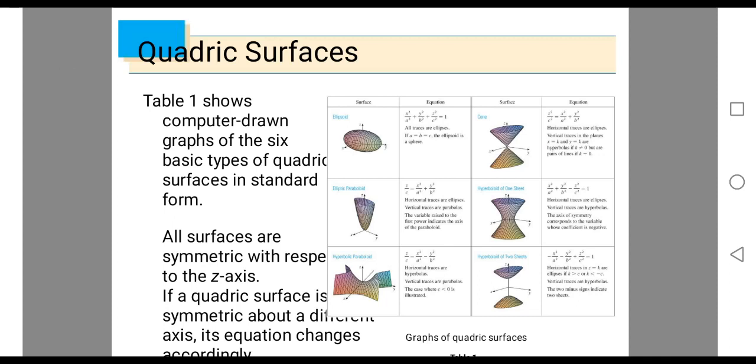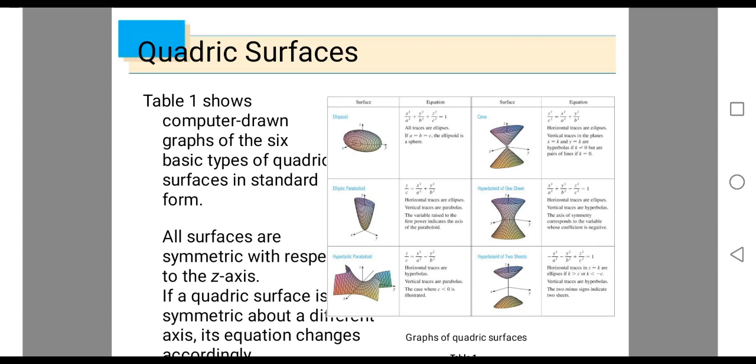Six kinds of surfaces. We can see the graphs of quadric surfaces are ellipsoid, elliptic paraboloid, hyperbolic paraboloid, a cone, hyperboloid of one sheet, and hyperboloid of two sheets. So this is what I was talking about.